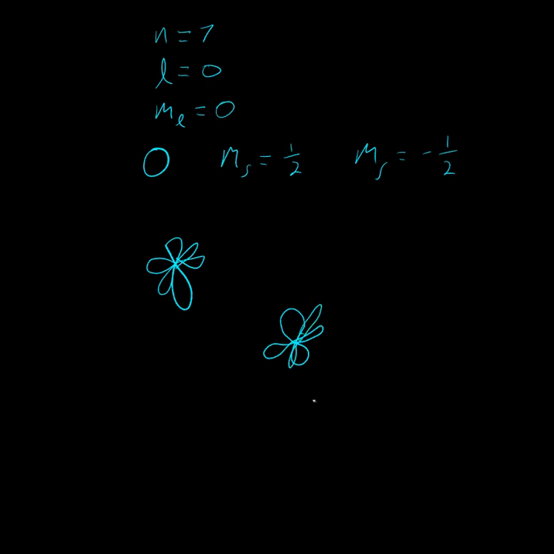So that horridly drawn thing. And so really what I'm assuming this is for some n, so 7. L is, so for our p orbital, L equals 1. Oh, yeah, that's a true statement, but not really helpful. L equals 1. M sub L can be, so here we had 2 electrons because we could make M sub S be 1/2 or negative 1/2. So here, though, we have M sub L can be negative 1, and then we have M sub S will be 1/2 and negative 1/2.